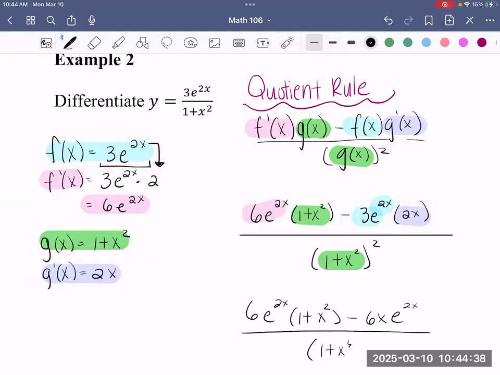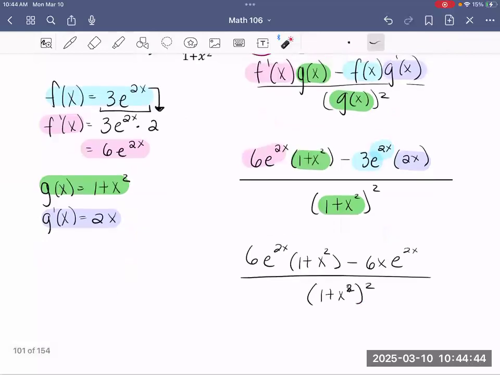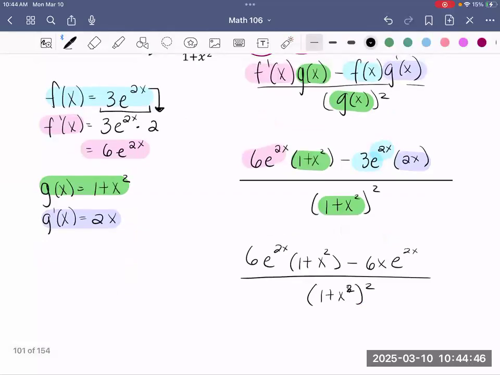And note the 1 plus x squared terms do not cancel, because this one does not have the ability to cancel them all out. So instead, notice that they have a 6 in common. So we can take out the 6. We can also take out the e to the 2x.